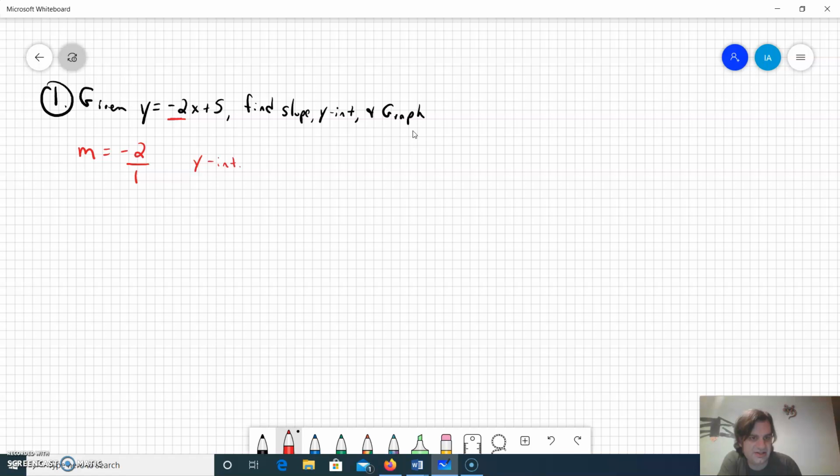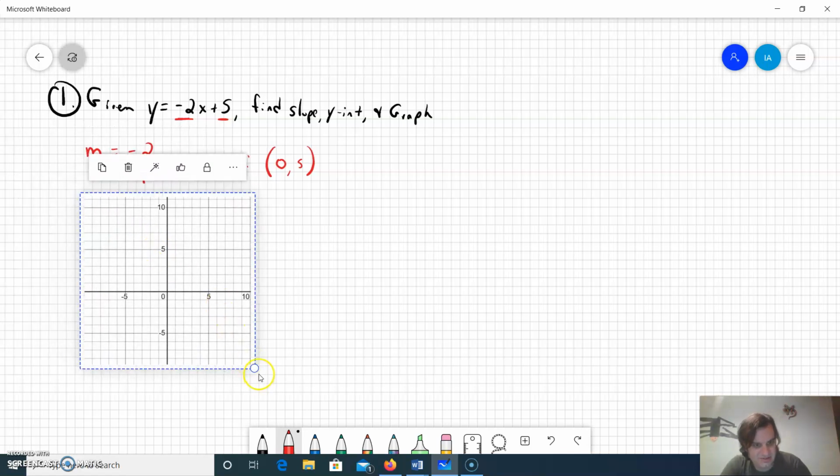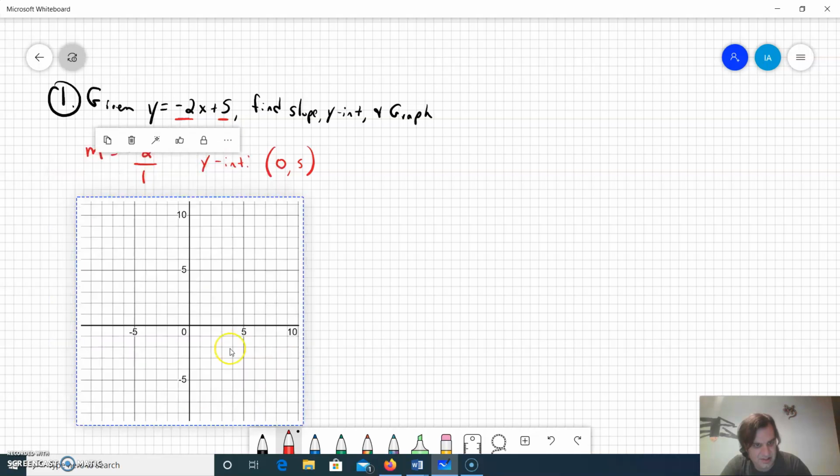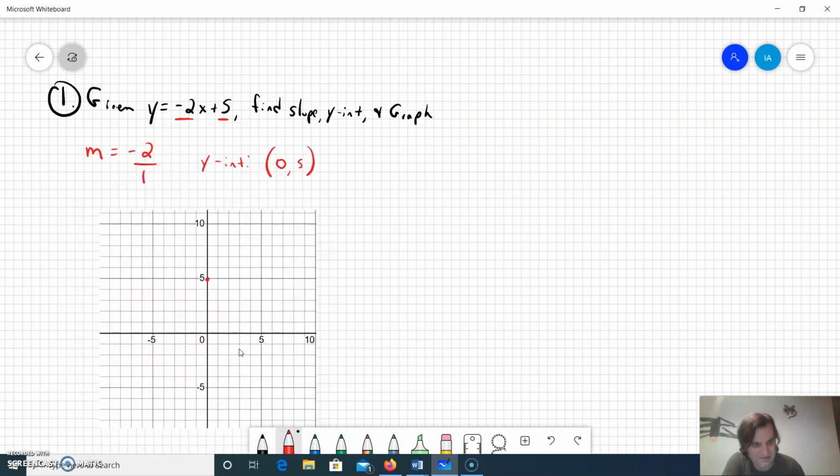Your y-intercept comes from the b part, which will be 5, so that's (0, 5), which gives you a point. And then let's see if we can throw a graph in here. We'll make it a little bit bigger. So let's plot these points. We have (0, 5).